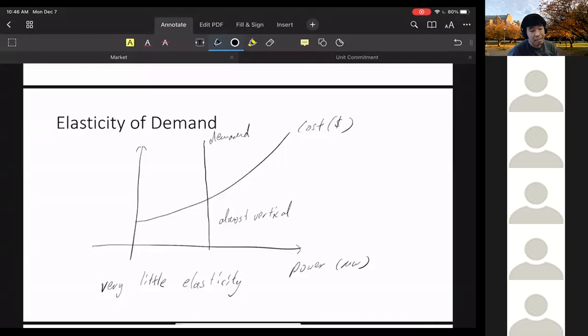Demand is almost a vertical line. And this actually breaks a lot of economic theory, because this vertical line essentially has an infinite derivative. This makes life complicated for theory, but that's the way power works.